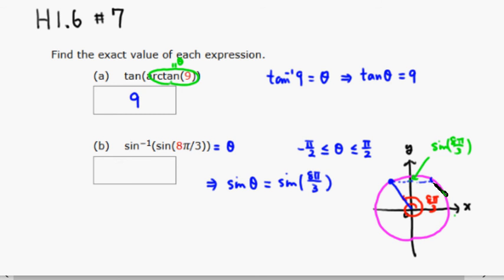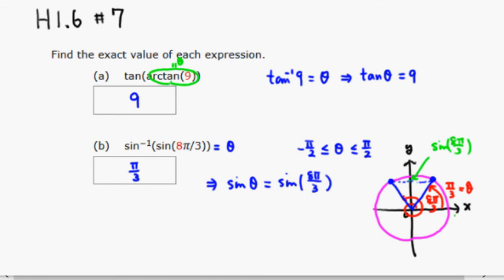This angle is only pi over 3, from here to there. So the sine of pi over 3 gives you exactly the same value as sine of 8 pi over 3. Theta is this guy right here, and this is between negative pi over 2 and positive pi over 2. So this is pi over 3.